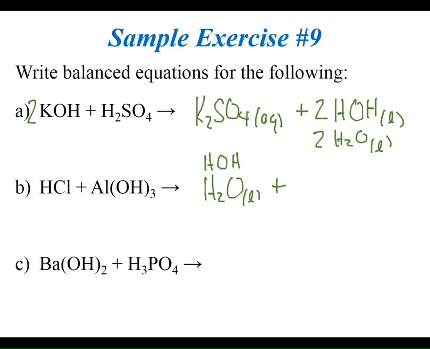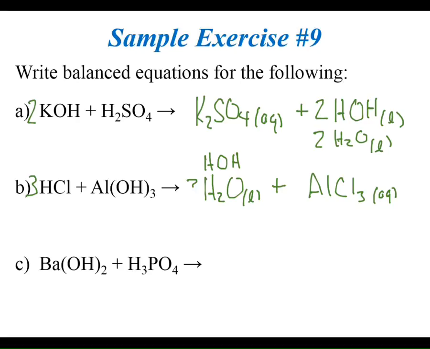What's aluminum chloride? AlCl3. Turn that around. AlCl3. Yep, always the cation first. Good. Solid, aqueous, gas, liquid? Aqueous, because all chlorides are aqueous except for those 3 exceptions. So now how would I balance this? Put a 3 in front of the HCl. 3 HCl, okay.